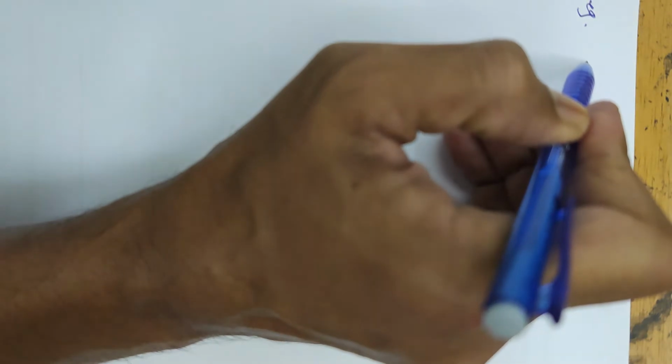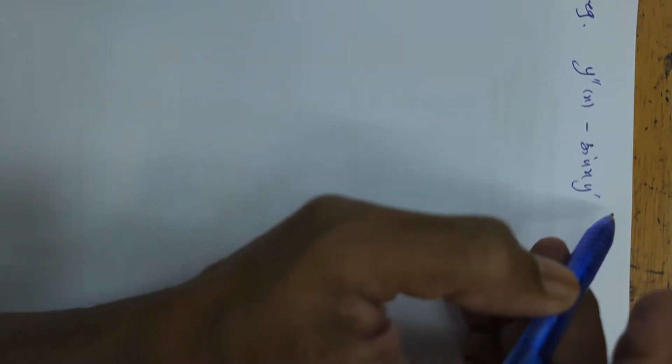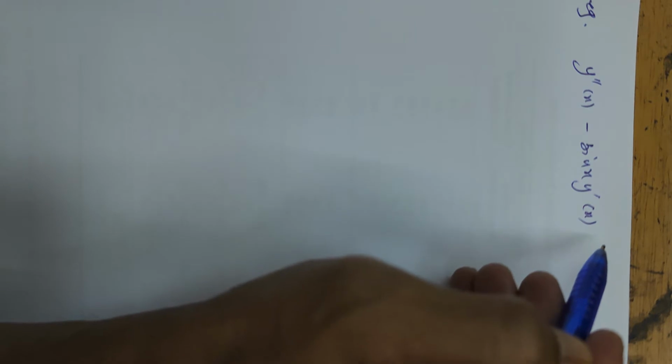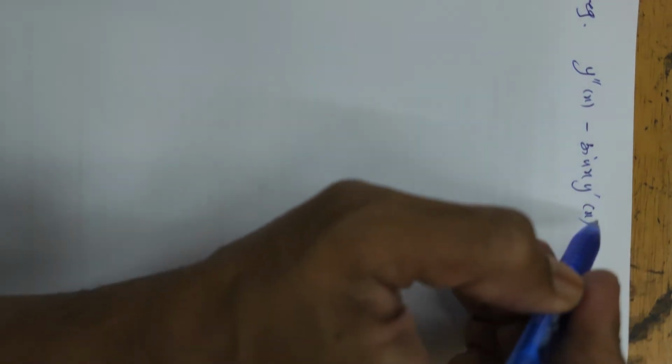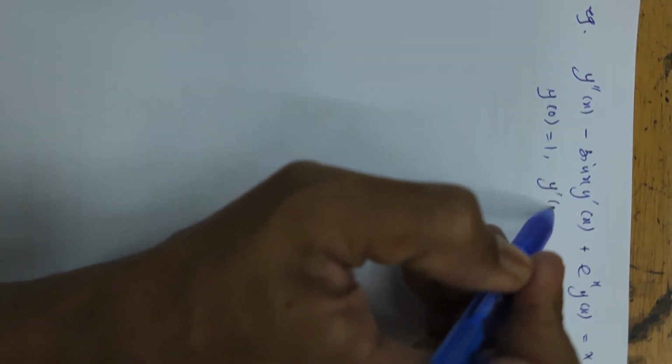So example, let's say we have y double prime x minus sine x y prime x plus e^x y(x) equal to x, with the initial conditions y(0) equal to 1 and y prime (0) equal to minus 1.